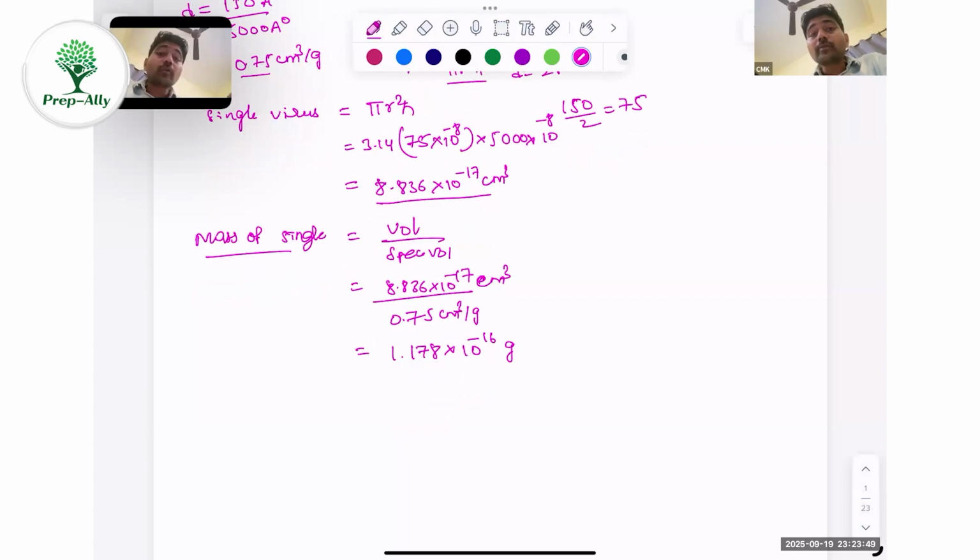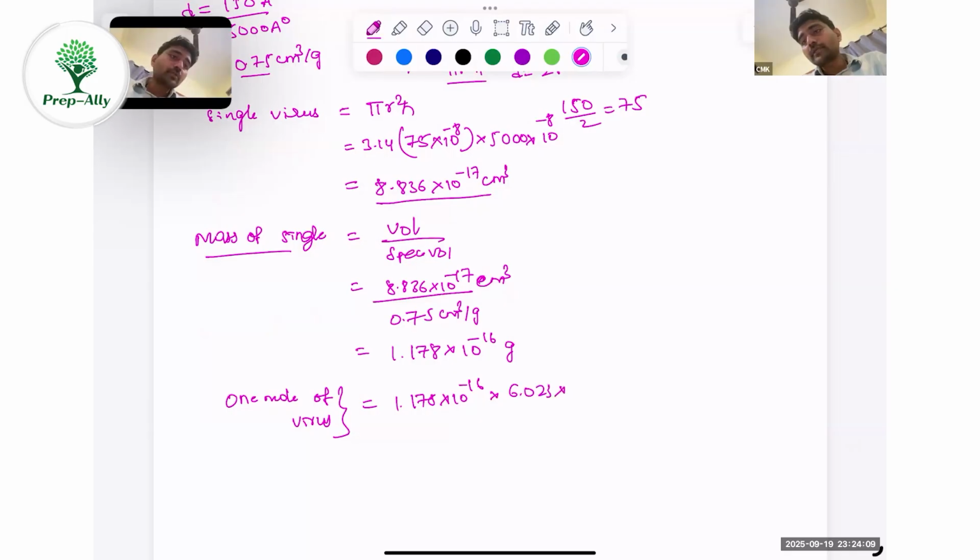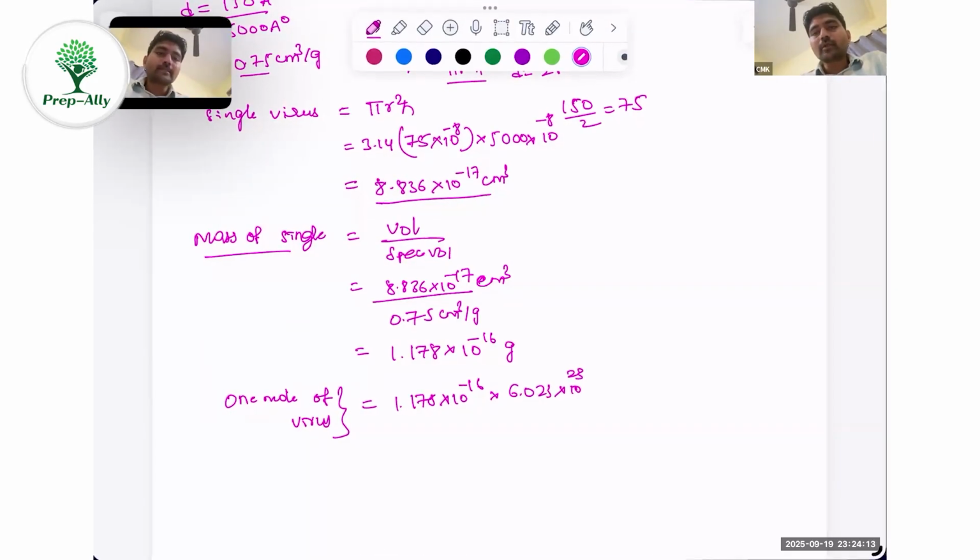Now the mass of 1 mole of virus, or the molar mass of virus. So what we have to do is 1.178 into 10 to the power of minus 16 into Avogadro number 6.023 into 10 to the power of 23, since that many viruses are there in 1 mole.